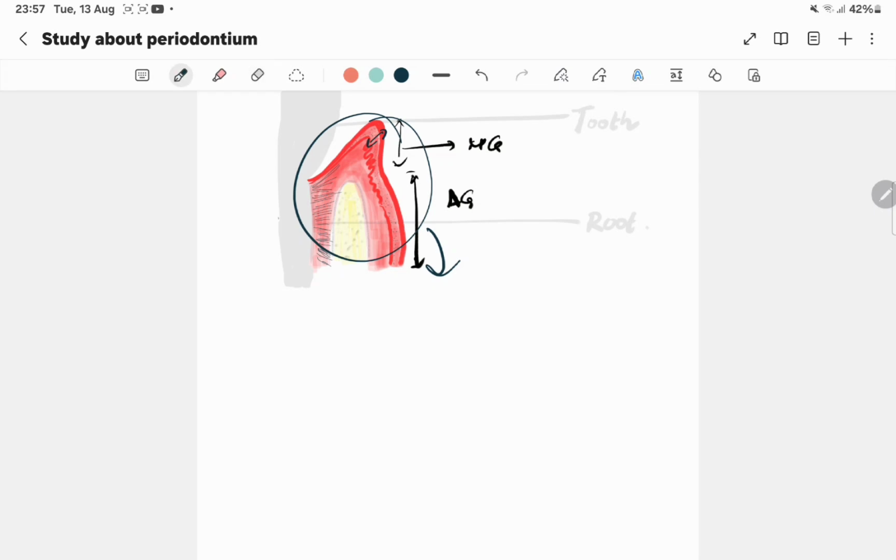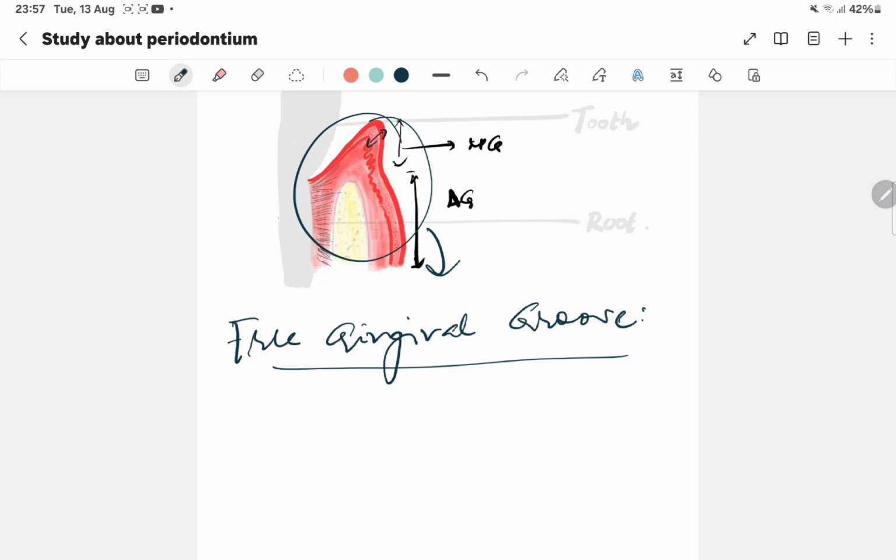Third question. The free gingival groove. So the options are, what does this represent? Does it represent the histologic depth of the gingival sulcus?